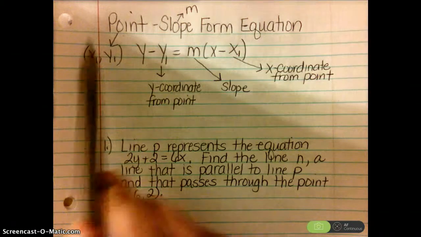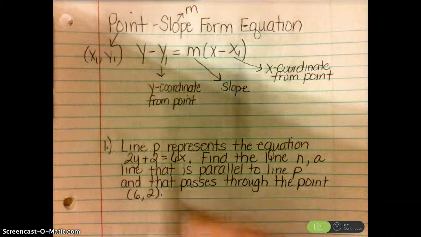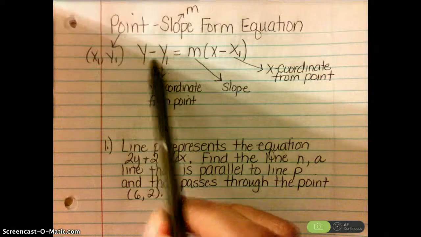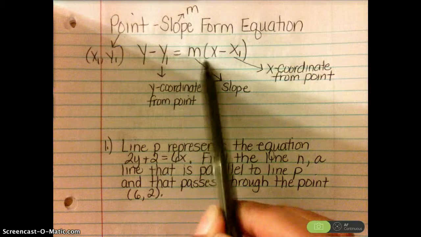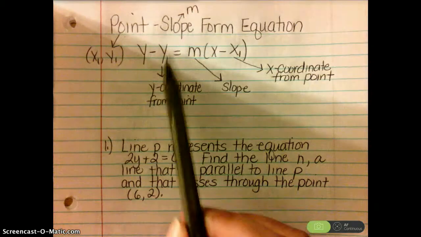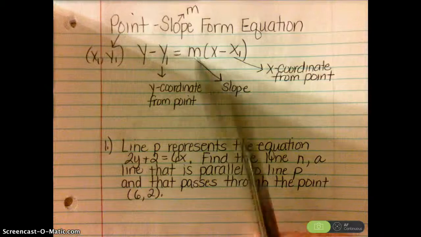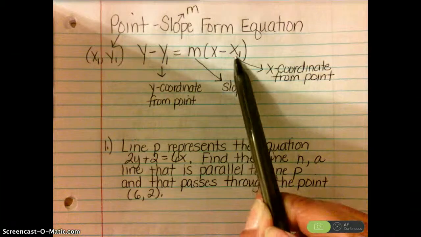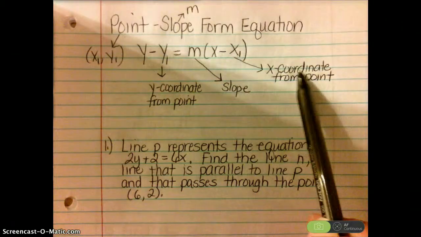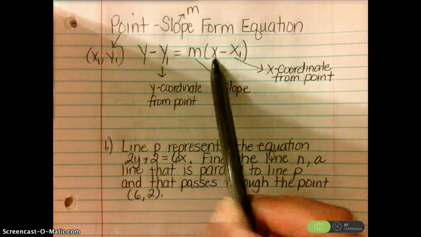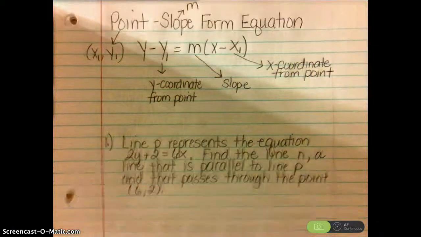So if we have a point and a slope, then we can use this point-slope form equation. It's read y subtract y1 equals m times x minus x1. y1 is the y-coordinate from the point. M is the slope. x1 is the x-coordinate from the point. This y and this x has to always be part of the equation.